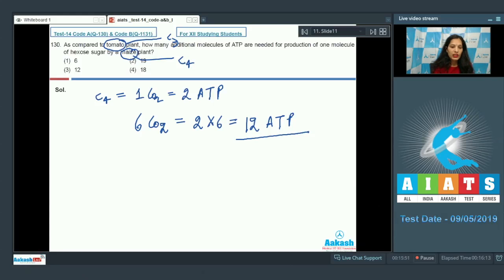So 12 ATP molecules are additionally required to produce a hexose sugar in a C4 plant as compared to a C3 plant. So the correct option for the given question is option number 3. Let's move to the next question.